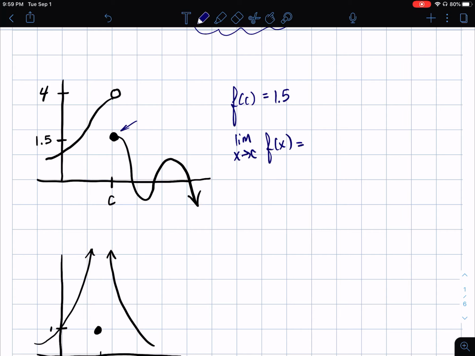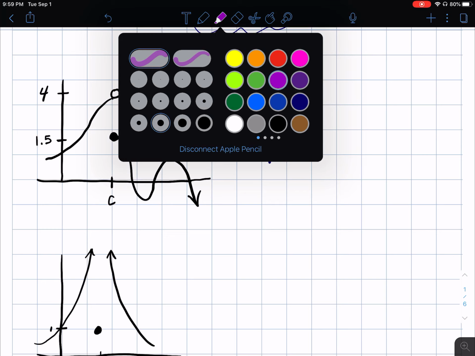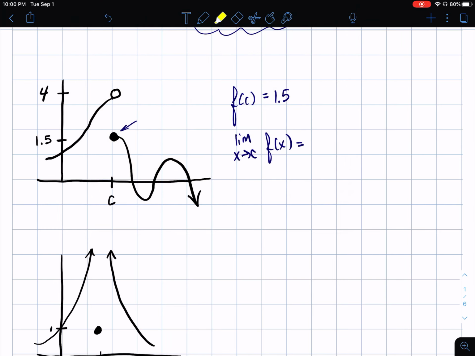Now, when we check our limit here, once again, we're thinking of getting arbitrarily close to my c, and this side looks like it's approaching 4. This other side, as I'm getting close to my c, looks like it's approaching 1.5. So the limit there does not exist because it's approaching different things from the left and from the right.